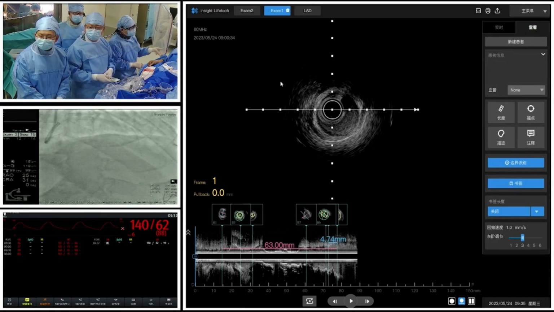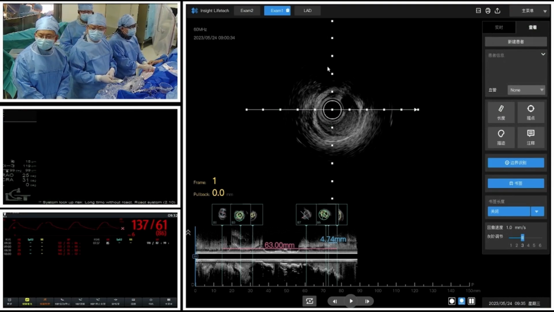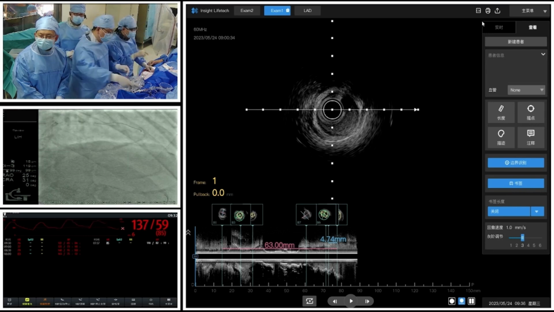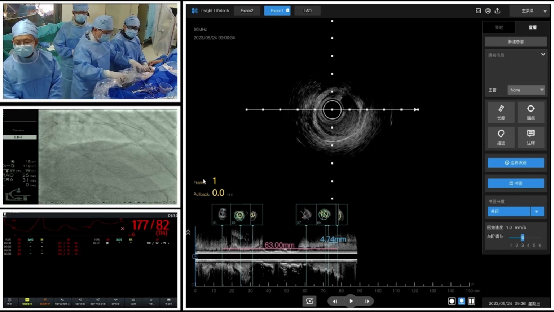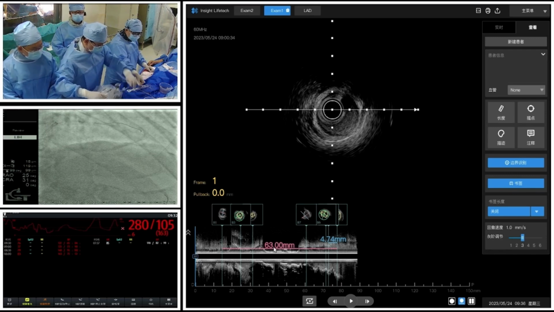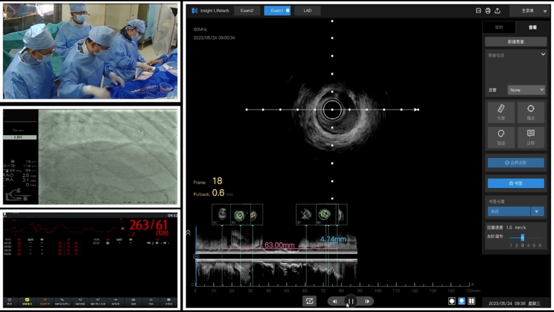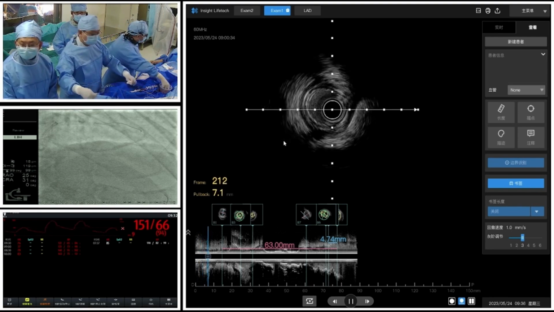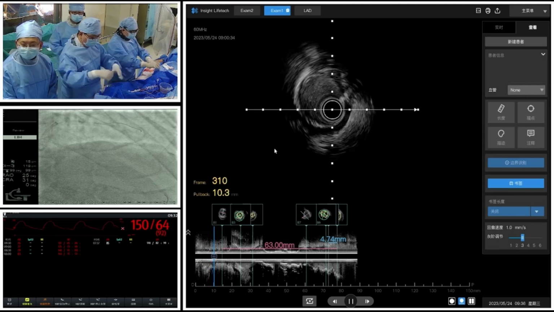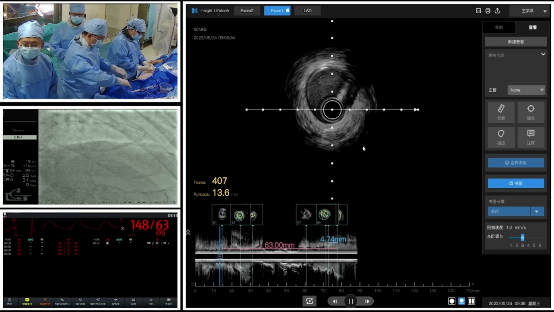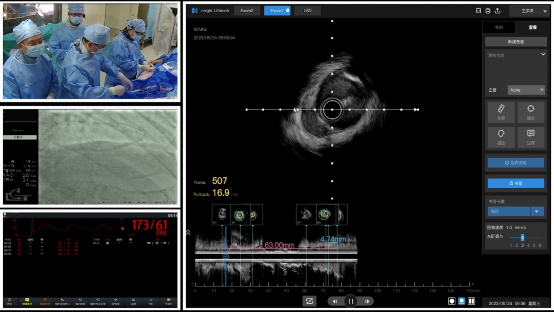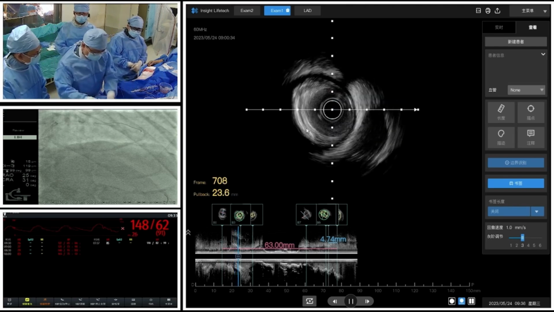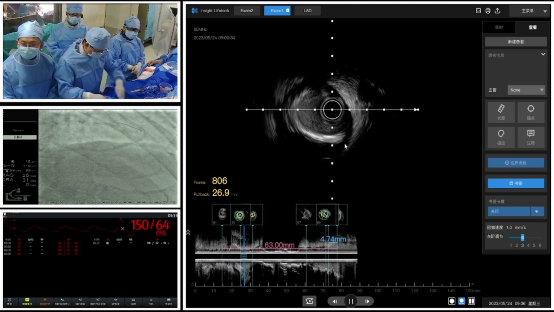Okay, this is a Chinese original IVUS system by Insight Lifetech. We can see there's a Chinese interface that we can use easily for our Chinese operators. And now we'll show the pullback. This is the distal part of the lesion, and we can see the myocardial bridge in the distal part. And now we can see the calcified plaque in the superficial part of the plaque.